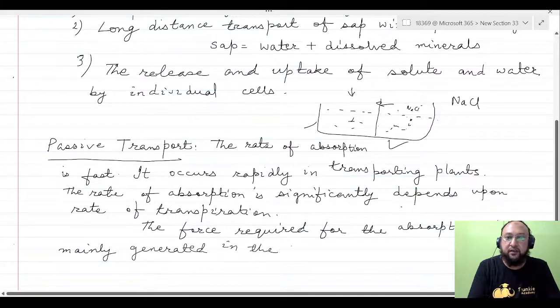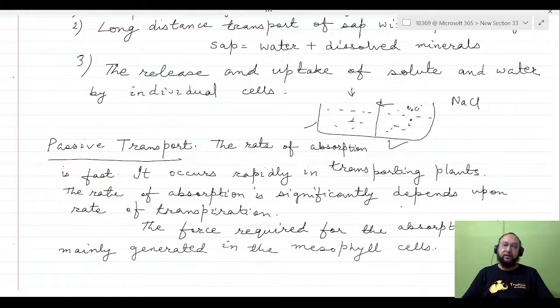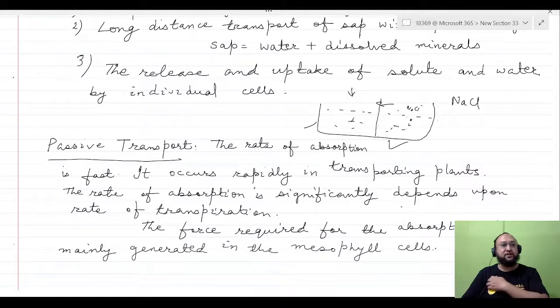Mesophyll cells or the mesophyll tissue are a kind of tissue found in the leaves, where photosynthesis is going on. So this mesophyll tissue is found in the leaves, and the force required for the absorption is mainly generated in the mesophyll cells.